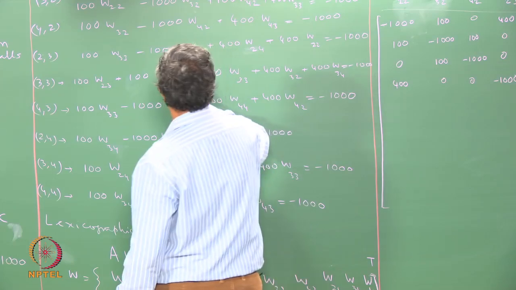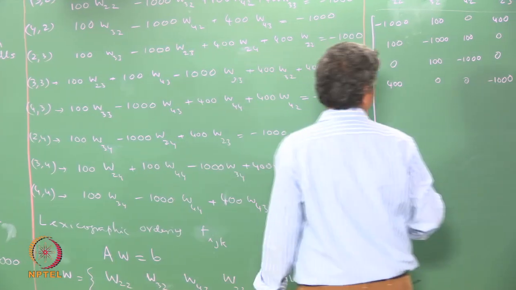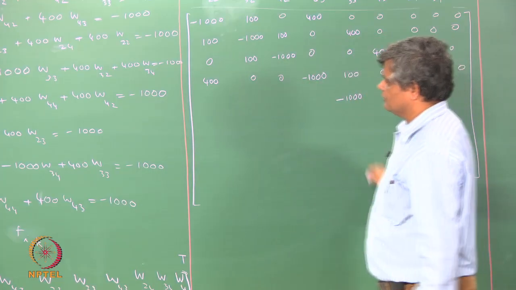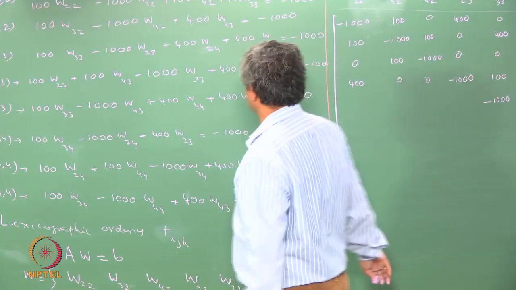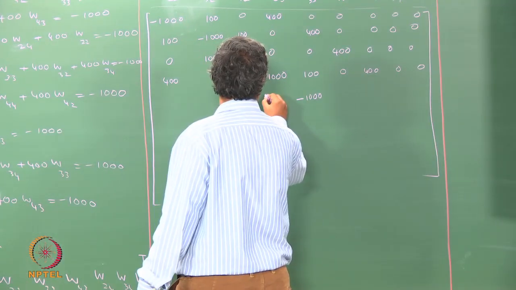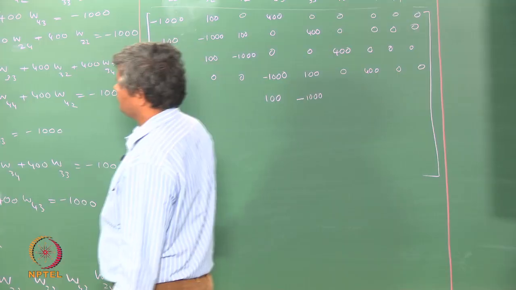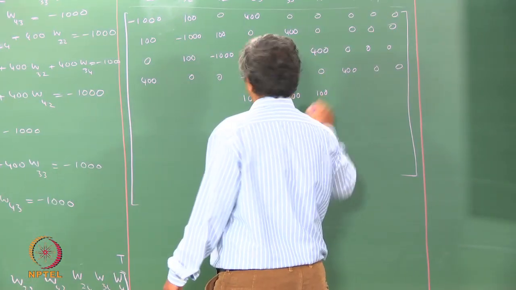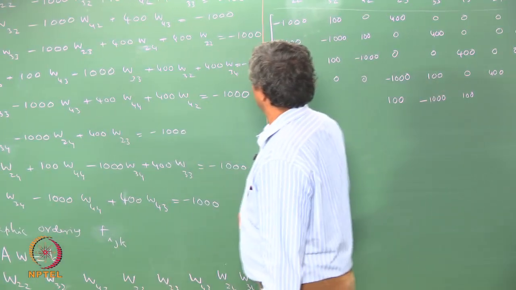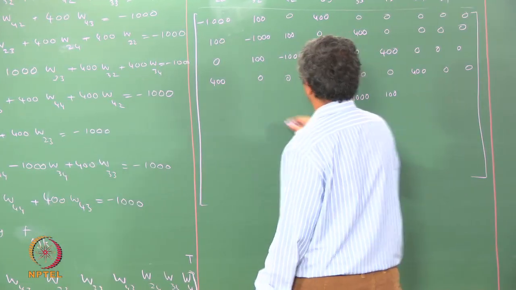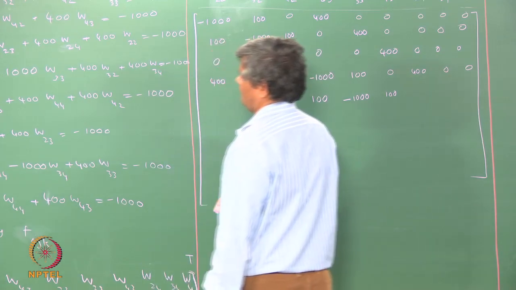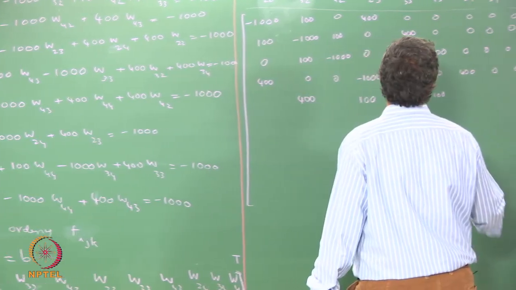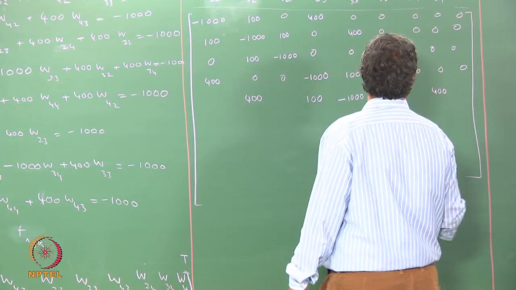Okay, so now we come to this one here. W33 is minus 1000. So we can put the major value here, minus 1000, and then we have W23 is 100, W43 is 100, W32 is 400, and W34 is 400, and others are 0.